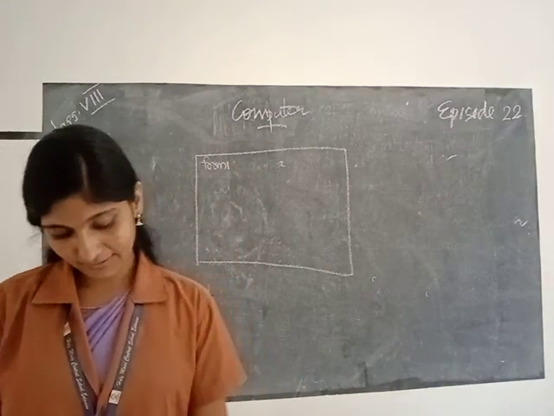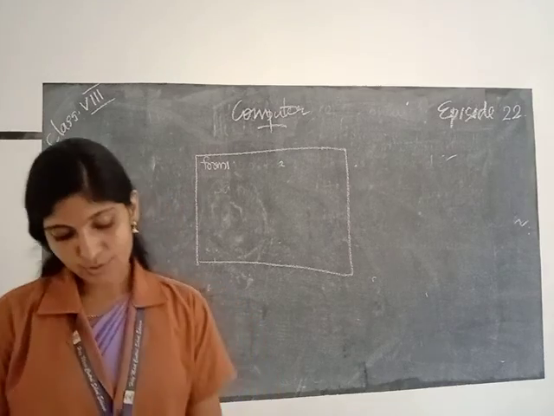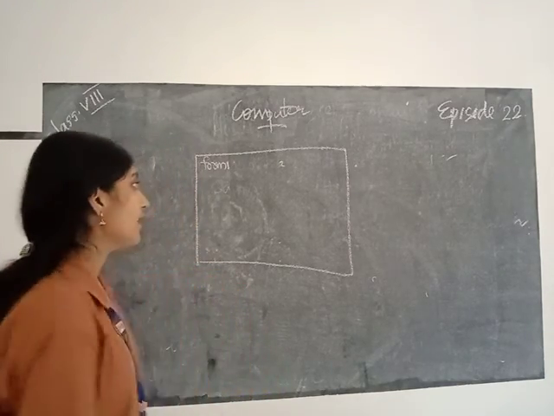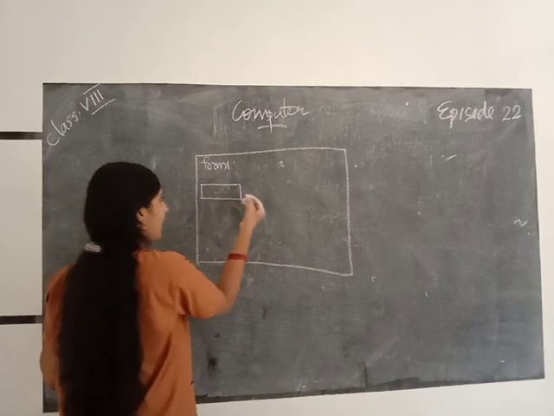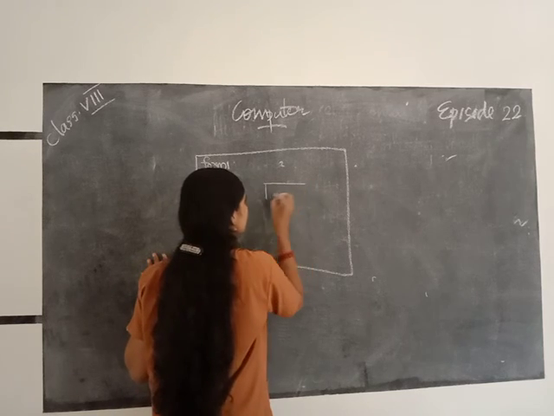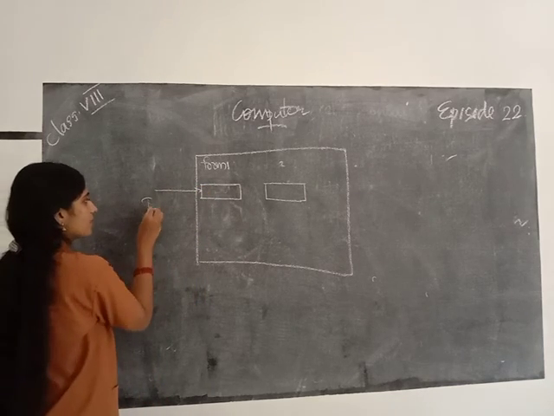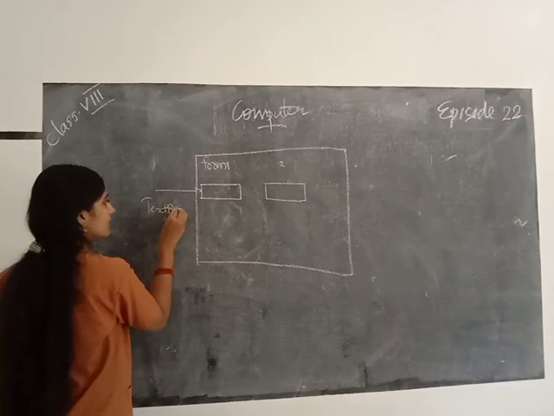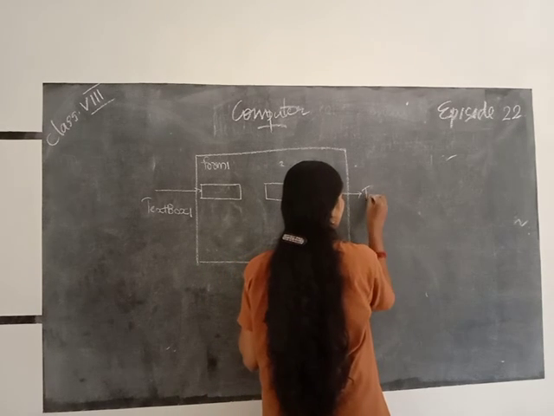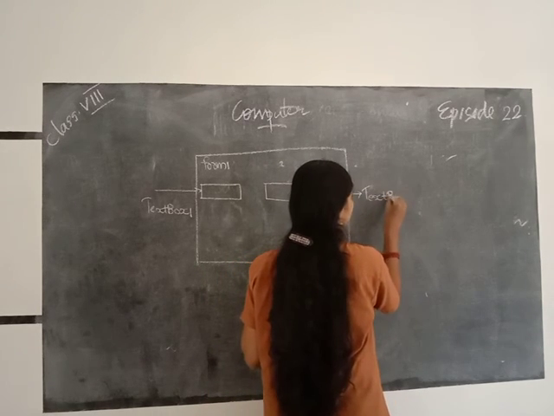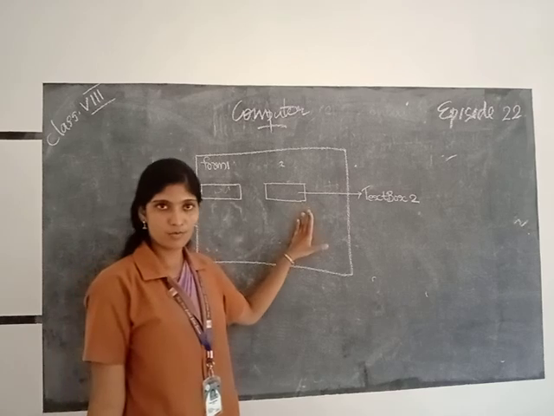Then next, add two text boxes. This is text box 1 and this is text box 2.